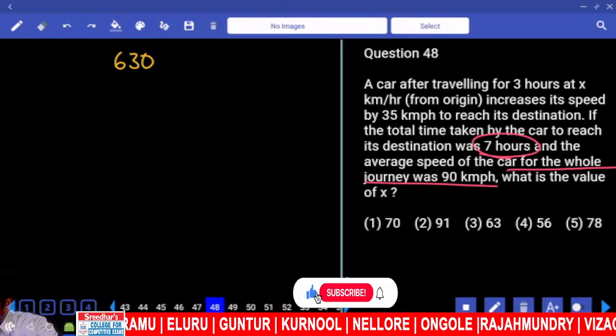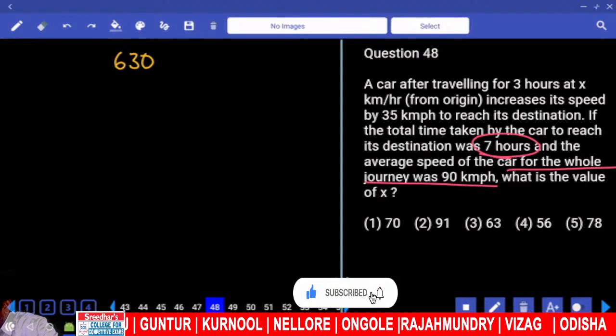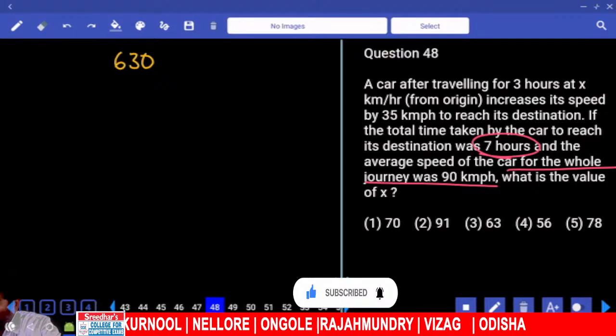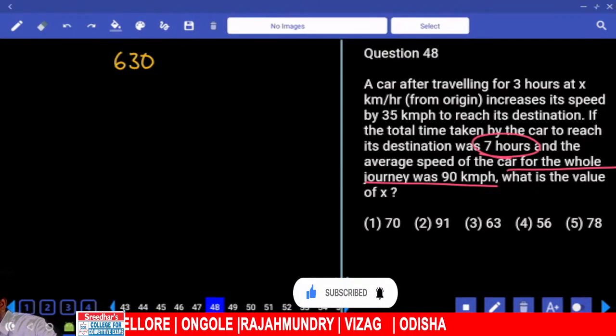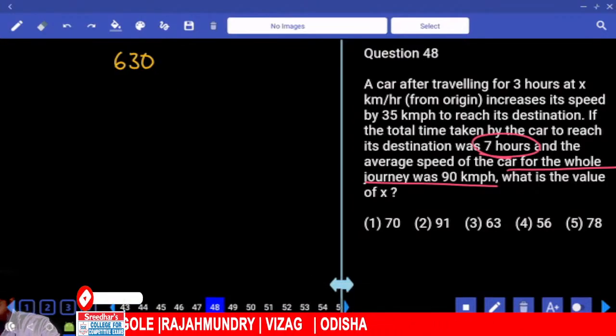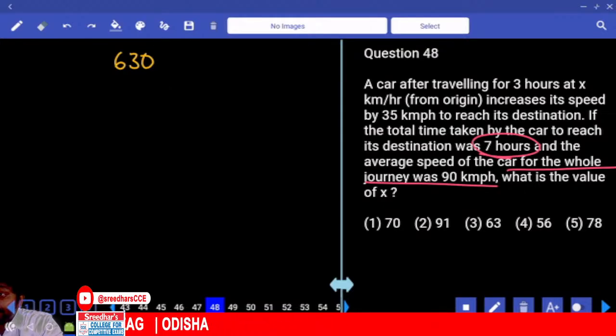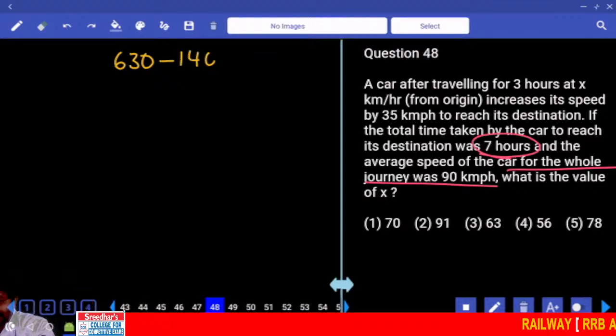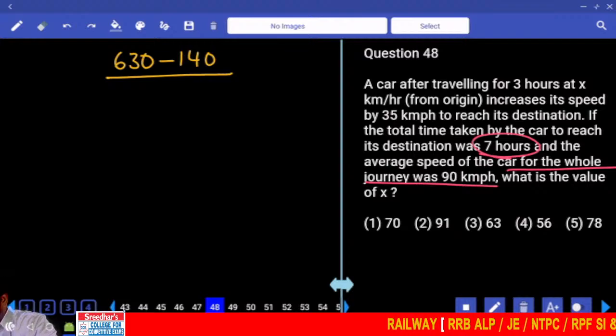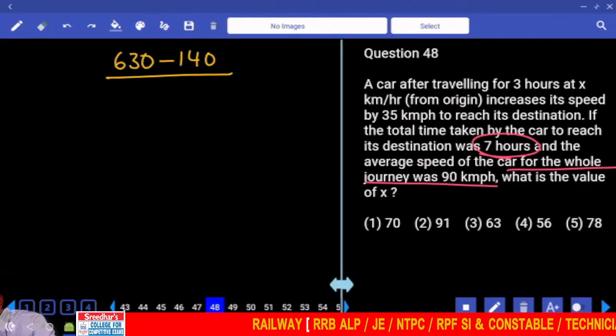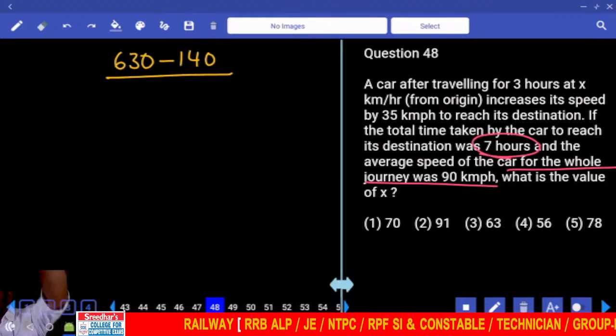Now, what is the time given for us? Out of 7 hours, in the last 4 hours, it traveled with extra speed, right? How much extra speed? That means per hour it will travel 35 kilometers extra. Extra 35. In 4 hours it will cover 140. If you subtract 140 kilometers, this distance is traveled with original speed in how many hours? 7 hours. In the last 4 hours, we have not considered the total.